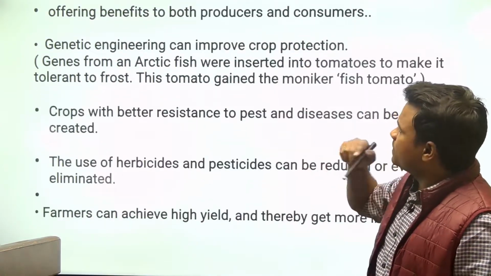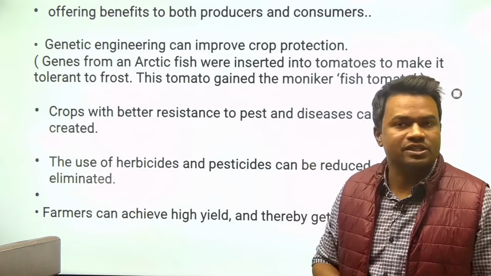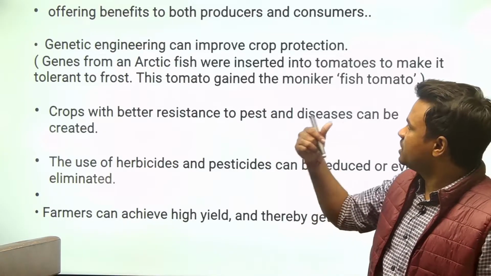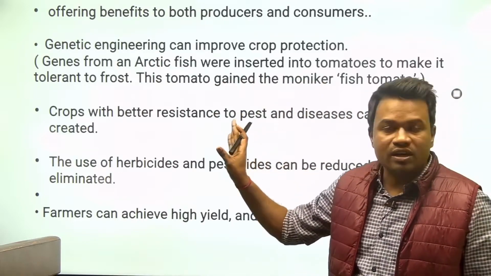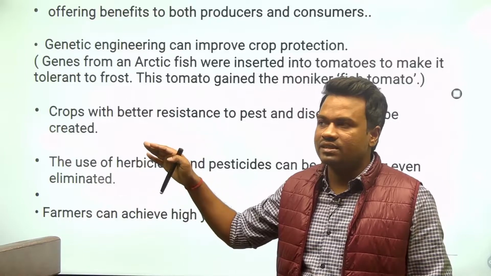Now, one example of how genetic engineering can improve crop production. The gene of the Arctic fish was inserted into the tomato to make it tolerant to frost. Frost is one of the issues in the northern hemisphere, or let's say in the polar region.